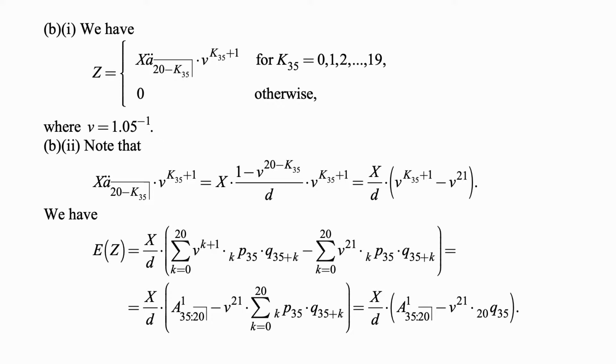V to the K plus 1 times K P35 times Q 35 plus K, minus the sum from K equal to 0 to 20 of V to the 21 times K P35 times Q 35 plus K. And this first expression is just A 35 colon angle 20, 1 above the 35, minus V to the 21.